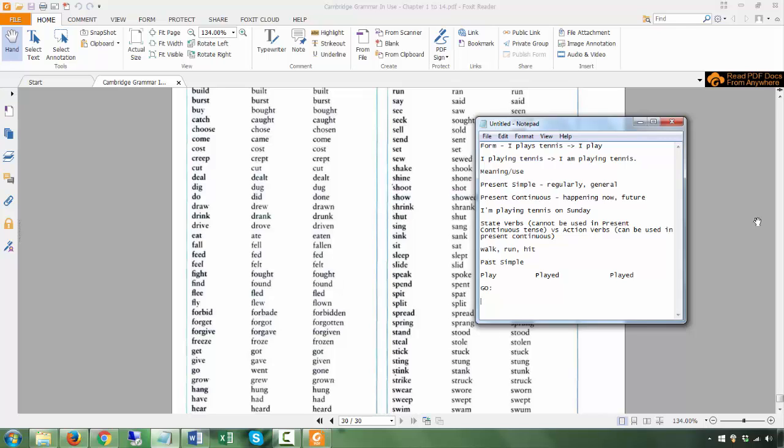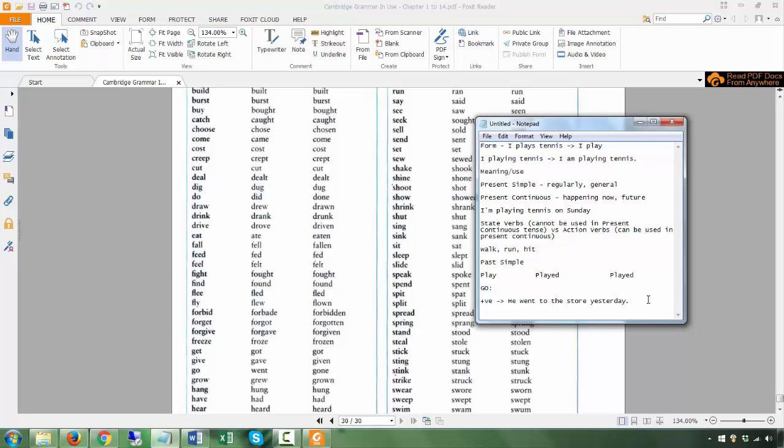if you want to use it in the past simple positive, you would say something like, he went to the store yesterday. This verb is irregular, so you don't put ED, you don't put goed. You have to come here and look at the past simple, which is went.